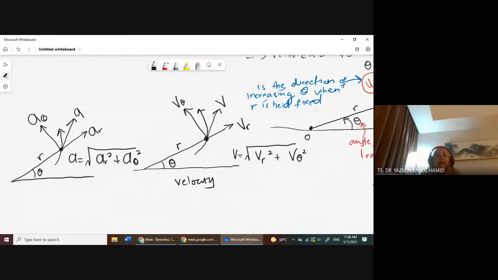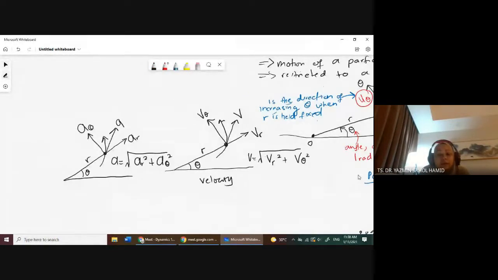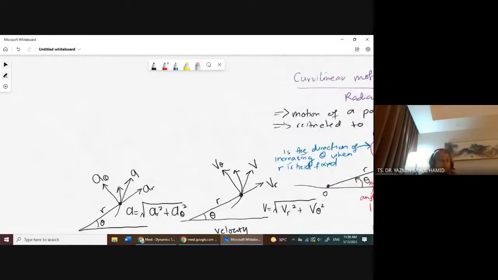Good. And now we're going to come up with the important formulas. Let's write the important formulas up here. So you have established these important formulas.